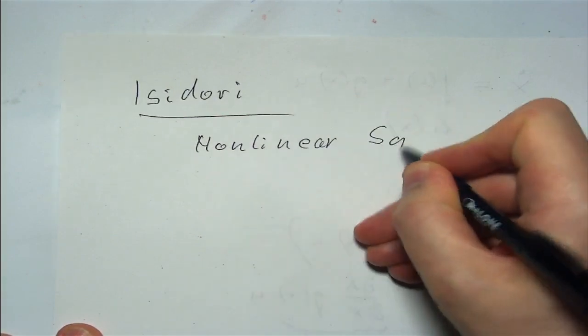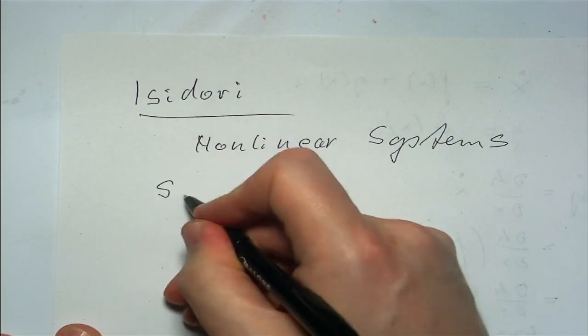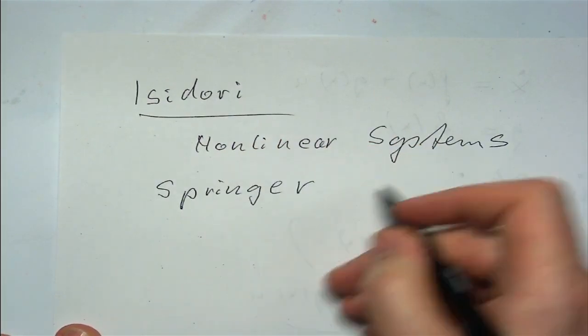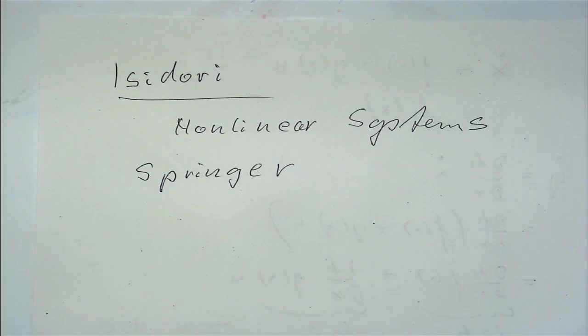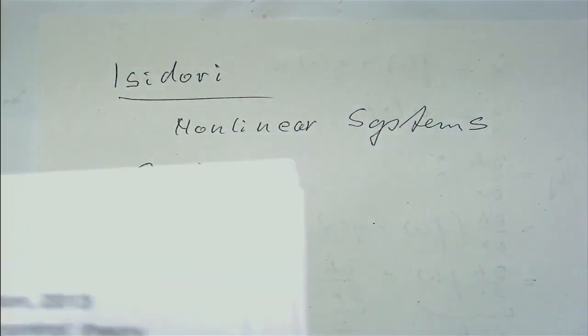It's a Springer book, I'm slightly unsure of the title. You can look into this book, but I think a good book, if you were curious to know a bit more, is also the book of Khalil.